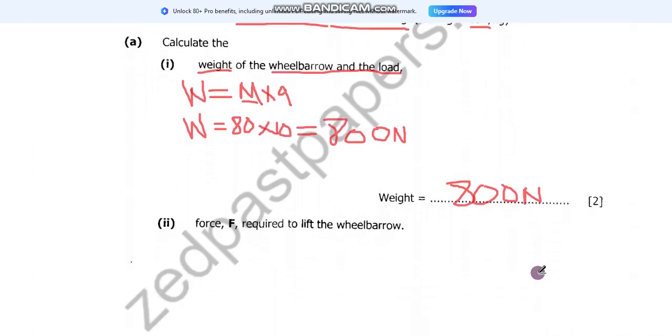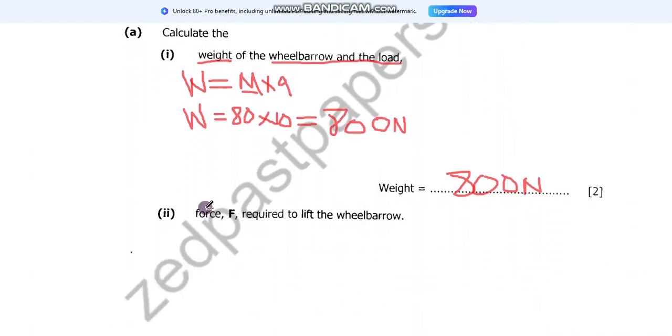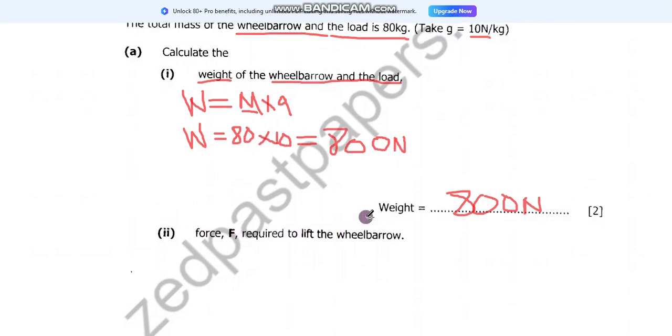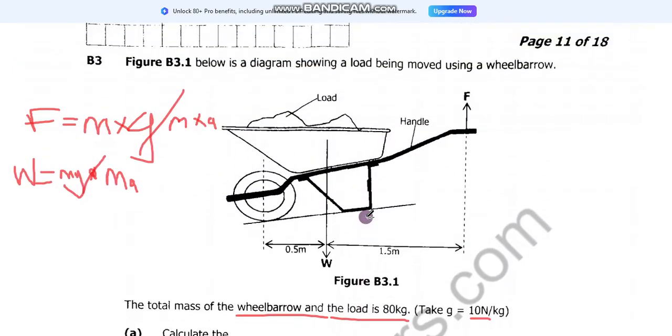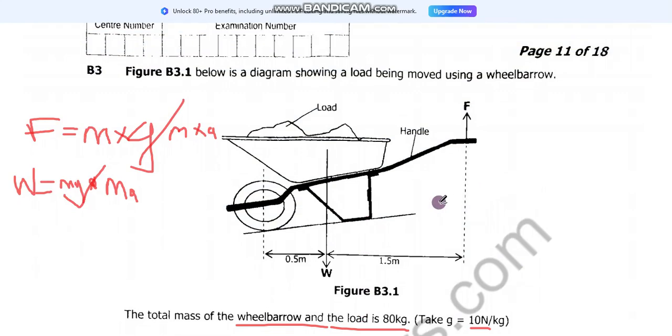Then number 2, they are saying calculate force F required to lift the wheelbarrow. So force F required to lift the wheelbarrow, from the diagram here, you can see that force F right here is what you are looking for. A wheelbarrow is an example of moment.